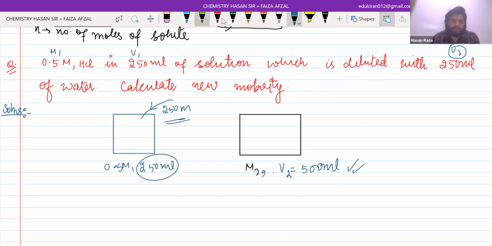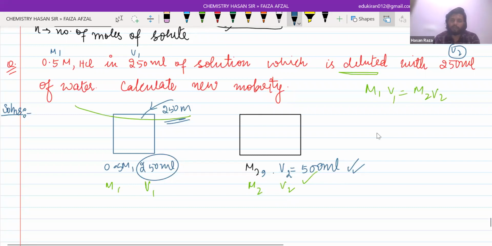So this is your M1, this is your V1, this is your M2 that we need to calculate, and this is your V2. Since this is about dilution, you are going to apply the formula M1 V1 is equal to M2 V2. You know the value of M1 that is 0.5 and V1 that is 250, and V2 is now 500 ml.